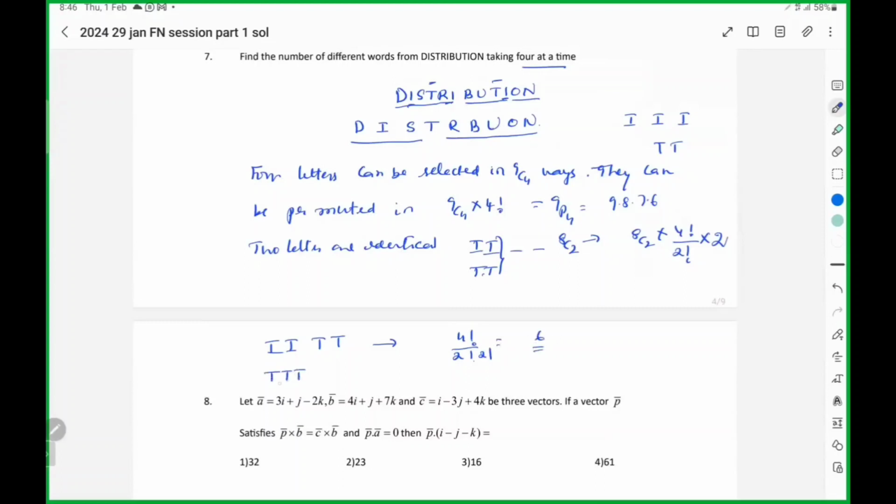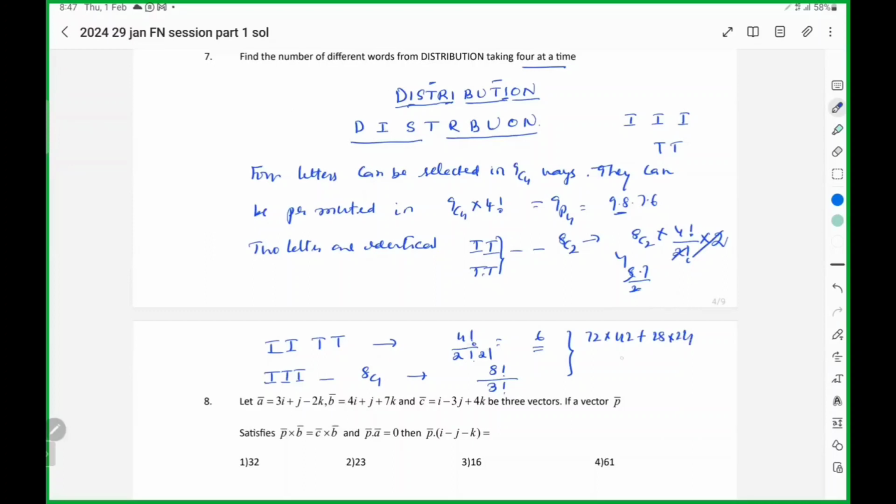Another possibility is taking all 3 T's or 3 I's at a time, and one letter we have to select from the remaining, and after that we have to arrange them, 8 factorial by 3 factorial. So adding all this, we get 72 into 42 plus 8C2, which is 8 into 7 by 2, 28, into 2, here the 2 gets cancelled, 24.